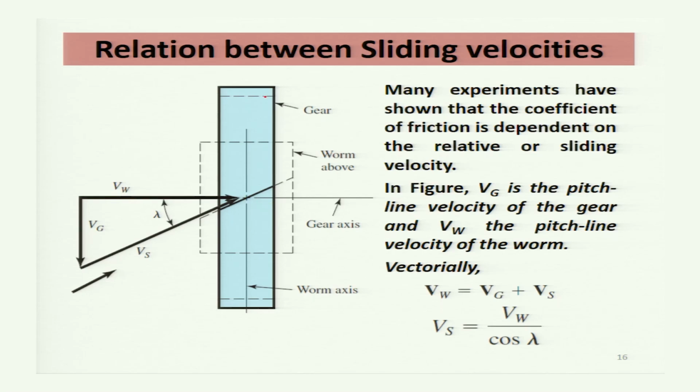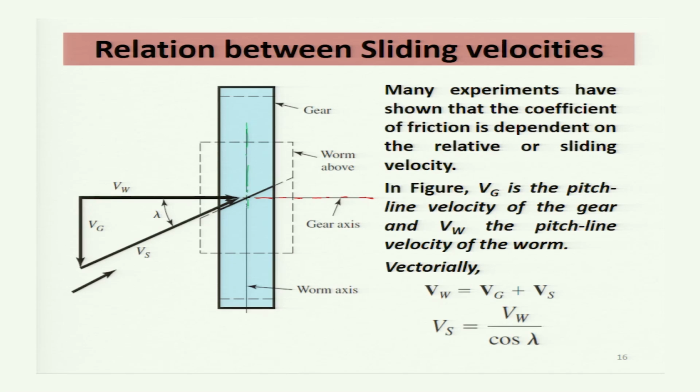So in this figure, the worm is shown above the gear. This is the worm gear, the colored one, and the axis of the worm gear is this one. This is the axis of rotation of the worm gear, and the worm is above the gear, and the axis of rotation of the worm is this one, shown by the green color.